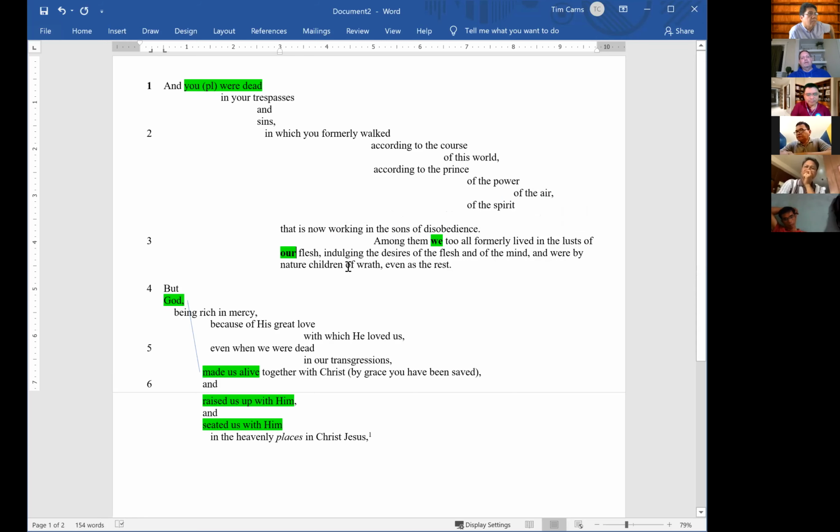Okay, so in verse 3 he pulls himself into what he's talking about here, but he begins with you. Okay, and then I think in verse 11, he goes back and says again, therefore remember that formerly you, the Gentiles. So he again directs attention, but then here, let me just show you.